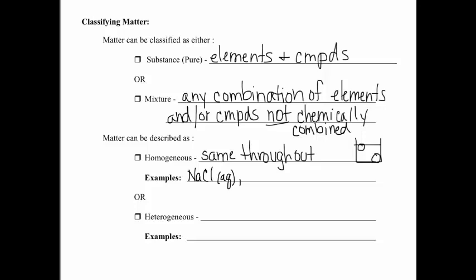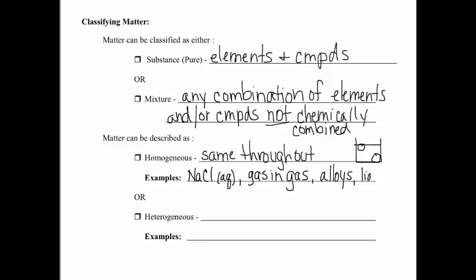Another is if you had a gas mixed into a gas. Gases as a mixture are always homogeneous. An example of a solid and a solid that would be homogeneous would be like bronze. So alloys are homogeneous. And then liquids in a liquid whose densities aren't too different and polarities are the same would also be.